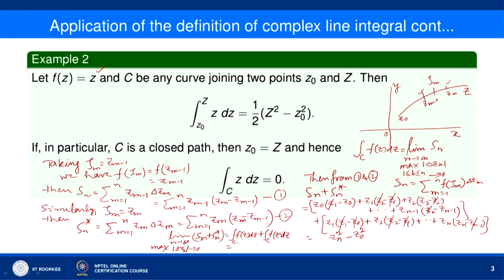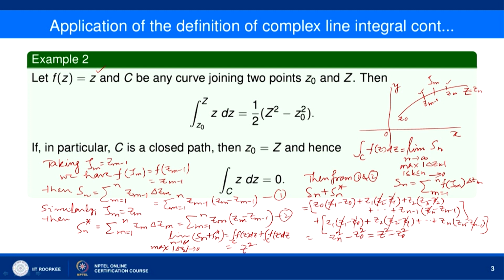and this is then equal to Zn square, and Zn coincides with Z. So this is Z square minus Z naught square. This quantity is independent of Z, independent of n, okay.